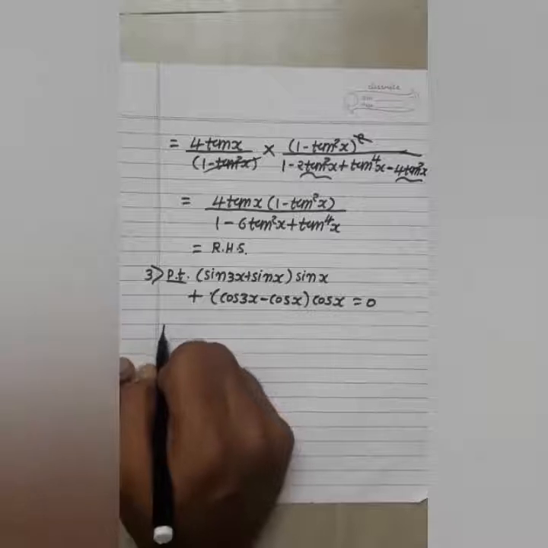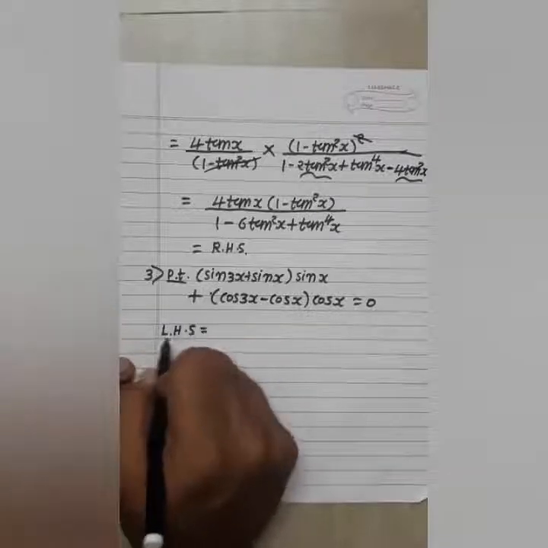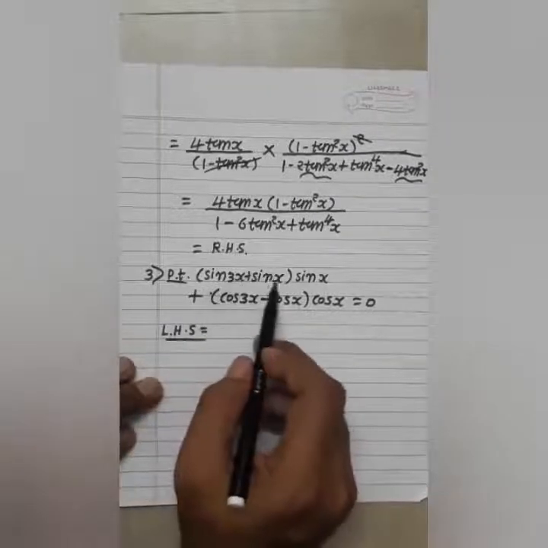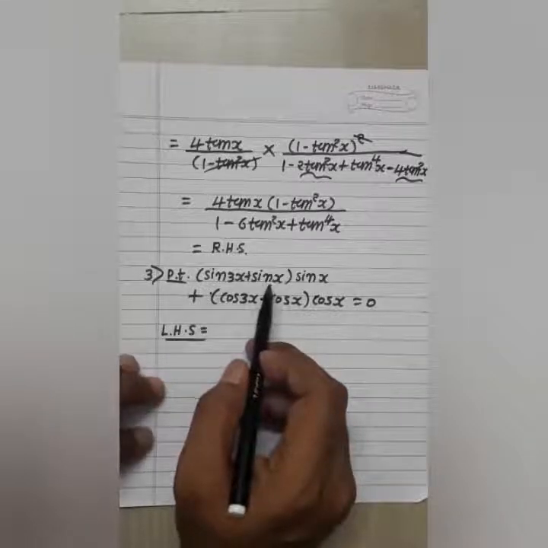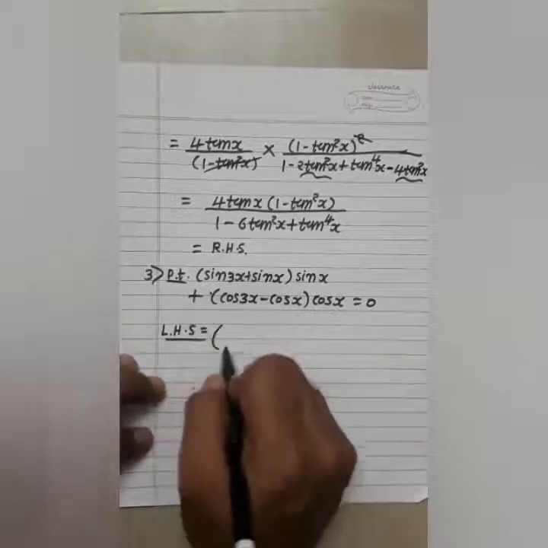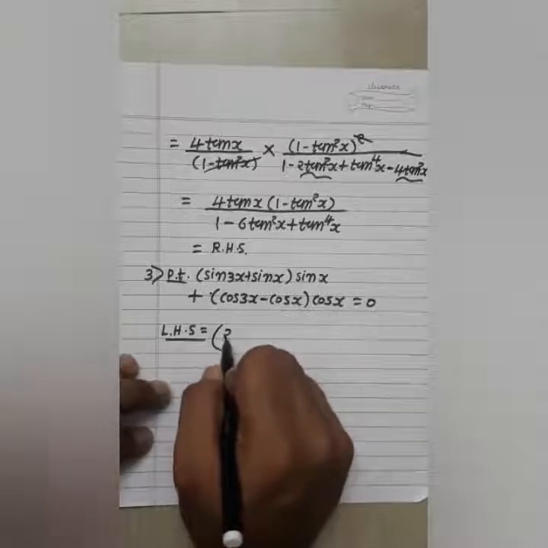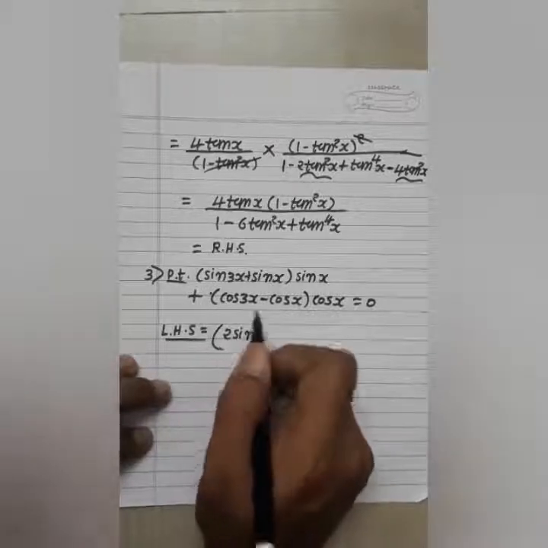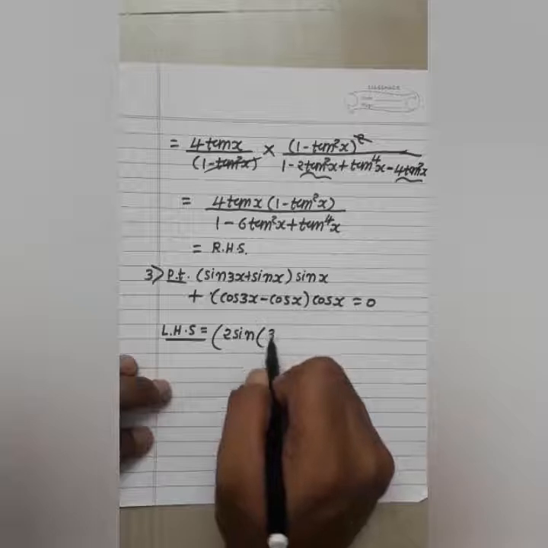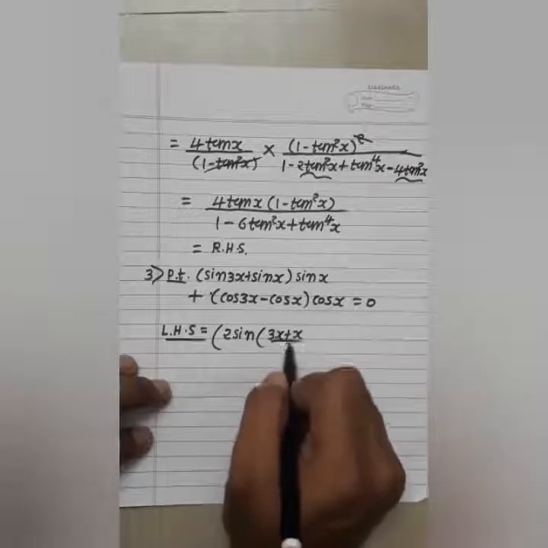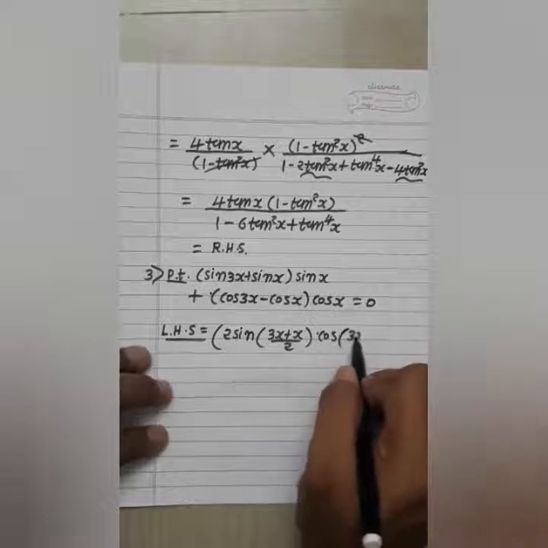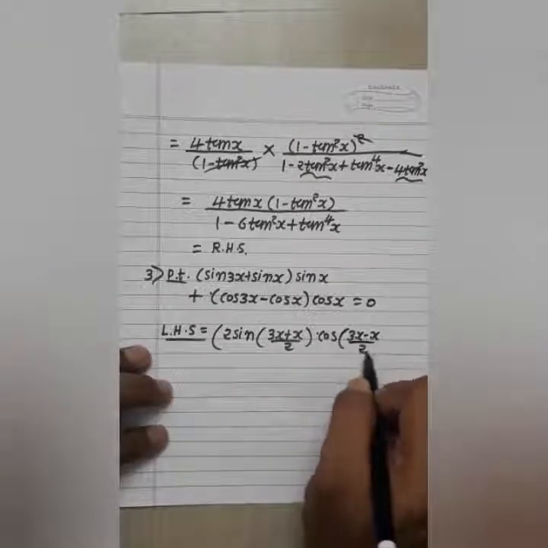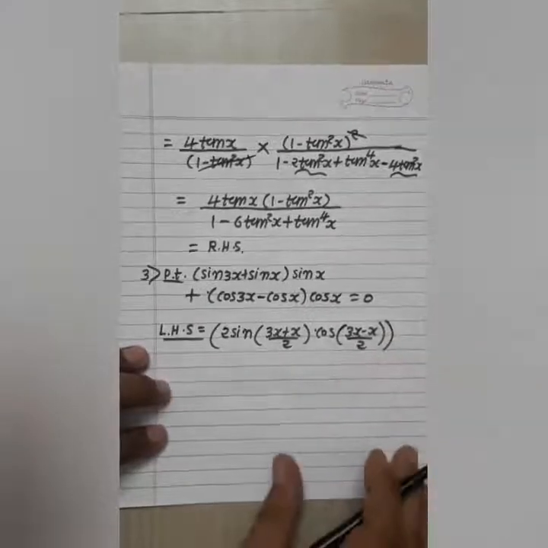So again start from the LHS side. Now here in the first bracket apply the identity sin C plus sin D, that means 2 sin C cos D. So here write 2 times sine in bracket 3x plus x divided by 2 into cos bracket 3x minus x divided by 2, whole bracket over sin x.